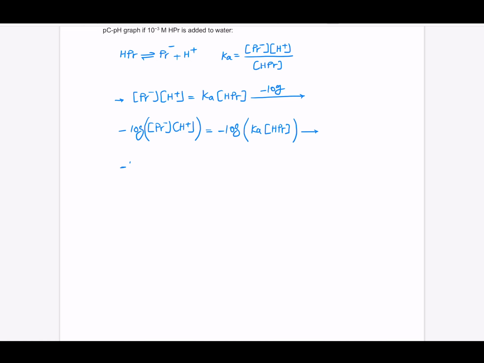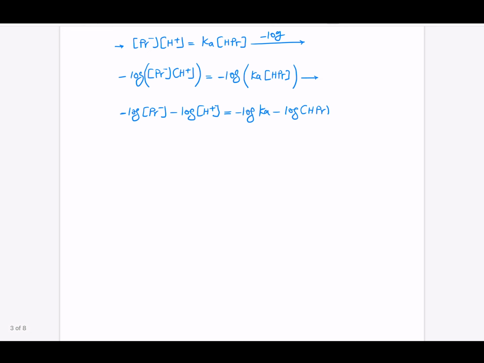So then this would be minus log of PR minus log of H plus is equal to minus log of Ka minus log of HPR.